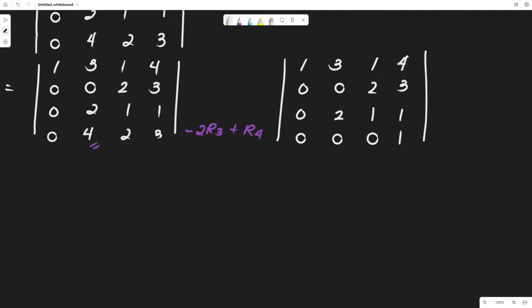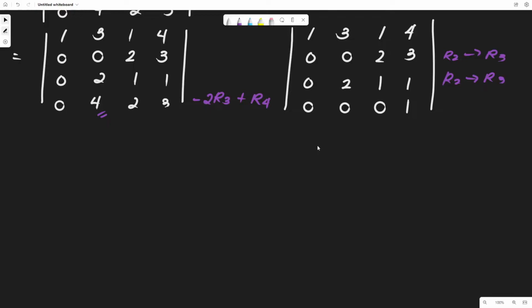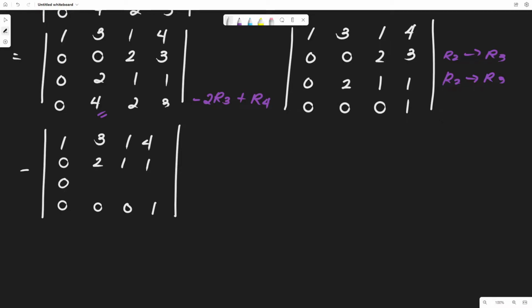So next, what will I do? I will interchange R2 with R3. So I will just write it below. So, of course, the determinant will become negative. So, 1, 3, 1, 4, 0, 0, 0, 1, 0, 2, 1, 1, 0, 0, 2, 3.